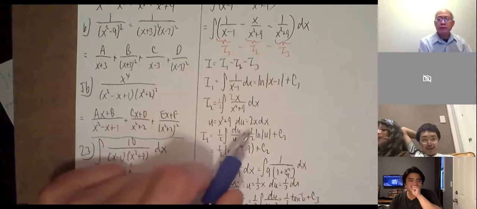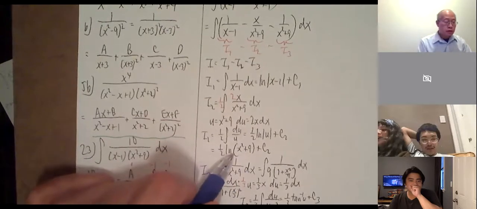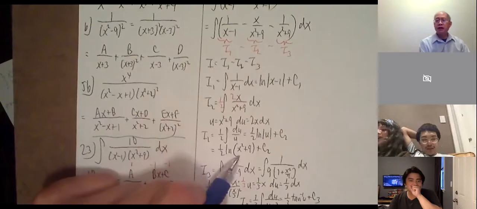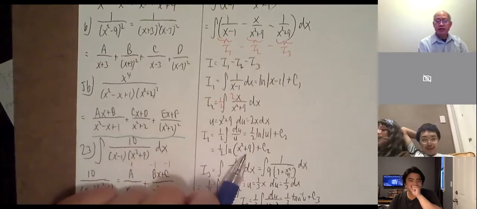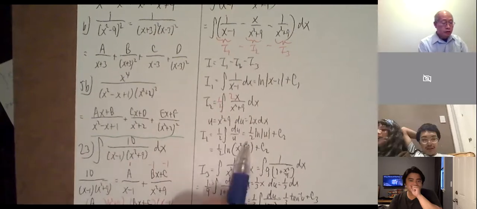How come I don't put absolute value? Because what do you know about x squared plus 9? The sign of x squared plus 9 is always positive, right? You cannot have this be a negative expression or 0. If I just have x squared, what's the smallest x squared can be? 0.